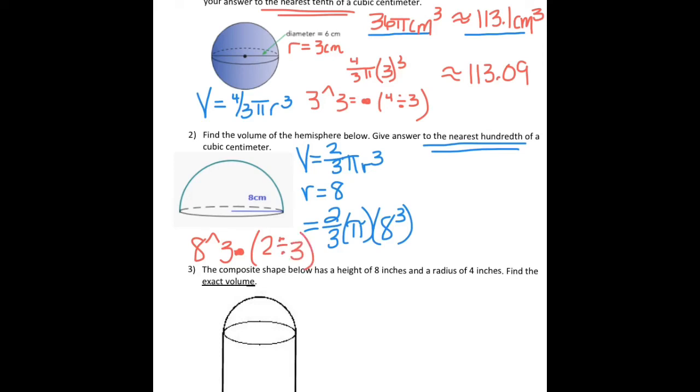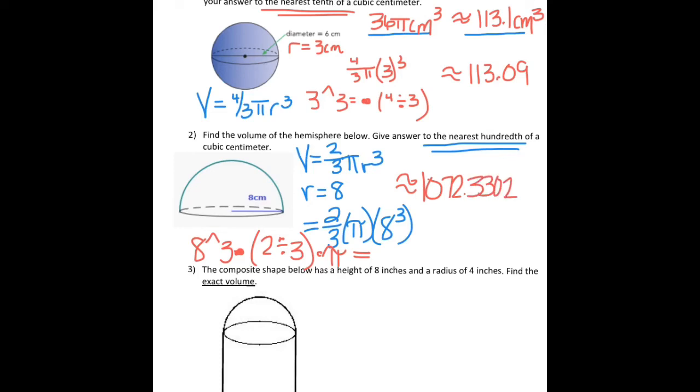Close your parenthesis, and then we're going to multiply it by pi. Forgot about that because we're rounding this. So times pi. You should get about 1072.3302.